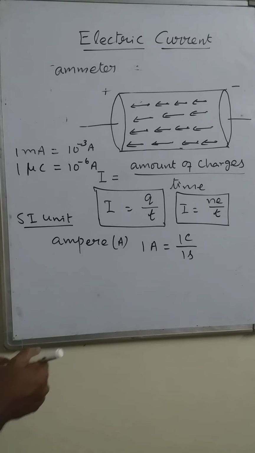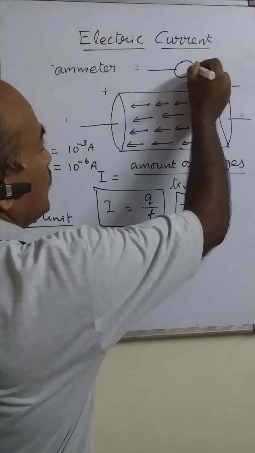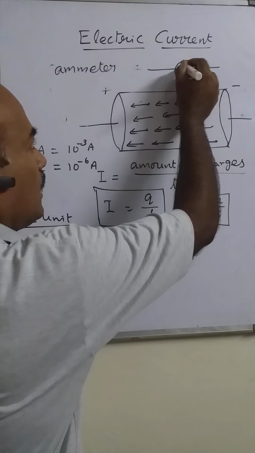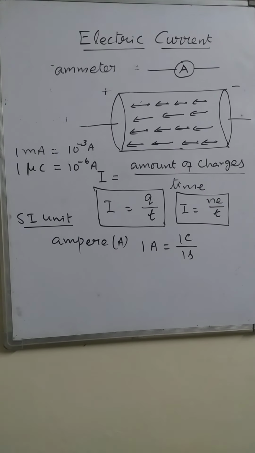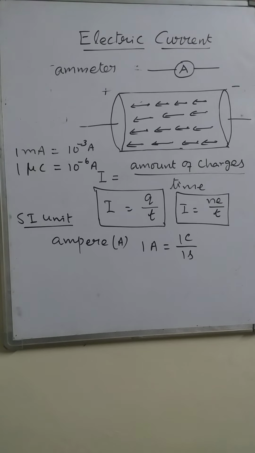The electric symbol of ammeter is like this. This is the symbol, a circle and a line. Inside the circle A is written, that is ammeter. If you want to measure a small current, then milliammeter is used. If a still smaller current is to be measured, microammeter is used.